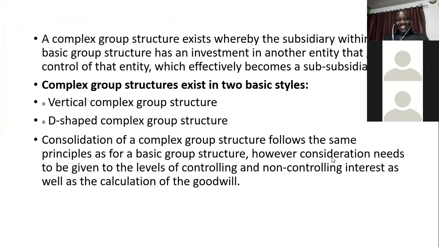The consolidation of a complex group structure will follow the same principles, like I said, those 5 stages. There'll be a few tweaks here and there, but it will basically follow the same principles. The only tweaks will be in working 3 and working 4, on goodwill and on NCI.